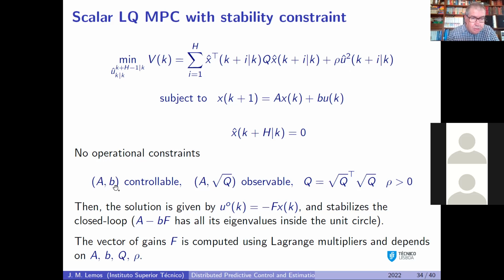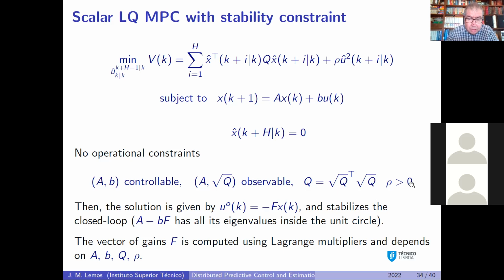I'm assuming that (A, B) is controllable, and that (A, square root of Q) is observable. The square root of Q is any matrix or vector such that the square root transpose times itself gives Q. Q is symmetric, so in all cases for a symmetric matrix you can write Q in this form.